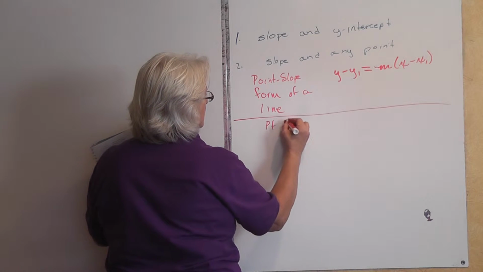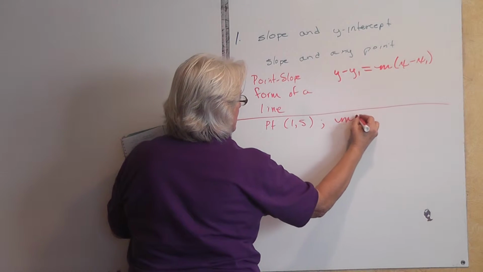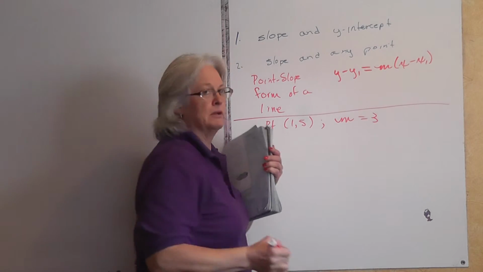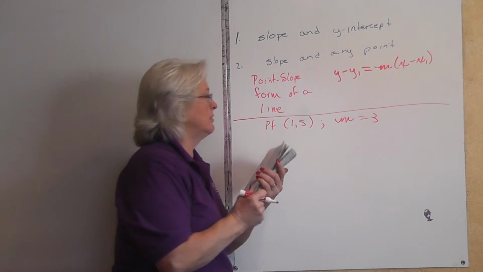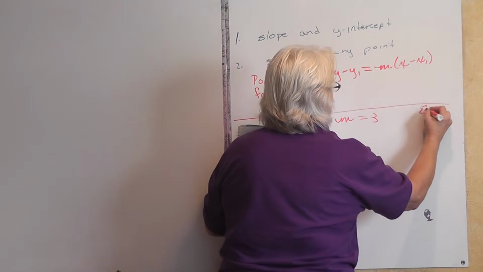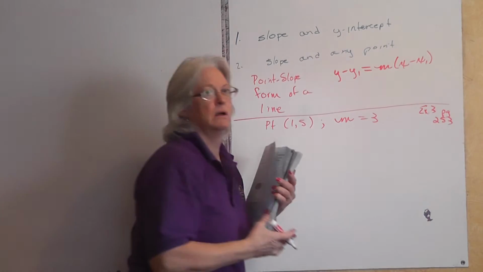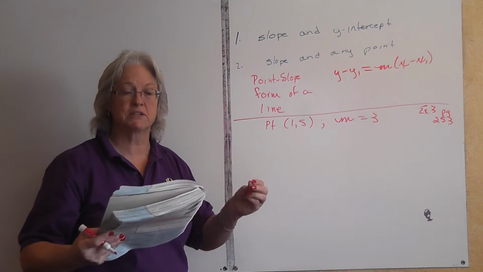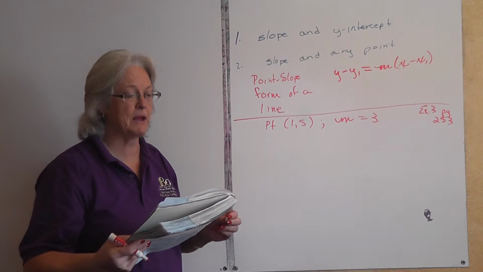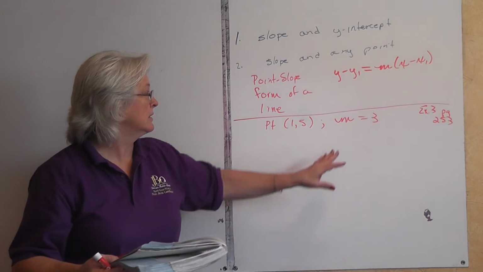What I've done right here, this is example 3 on page 253. This is the relevant information. Your problem says, find the equation of the line that passes through the point 1, 5 and has slope 3.